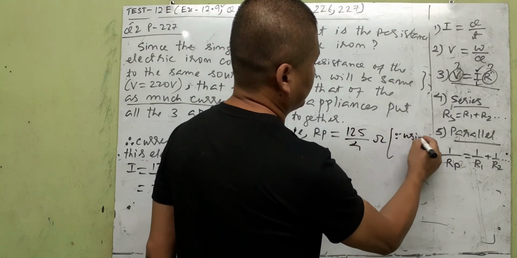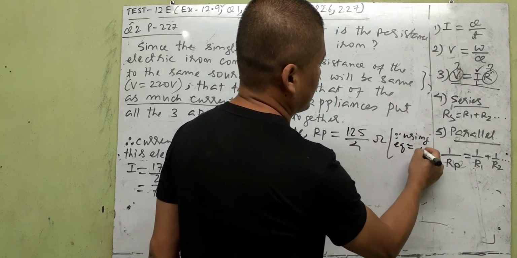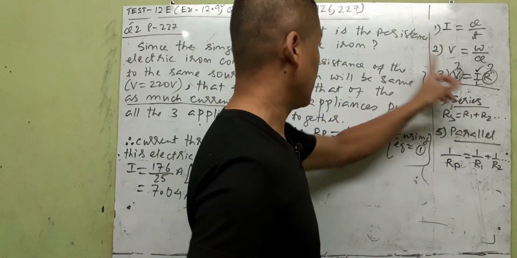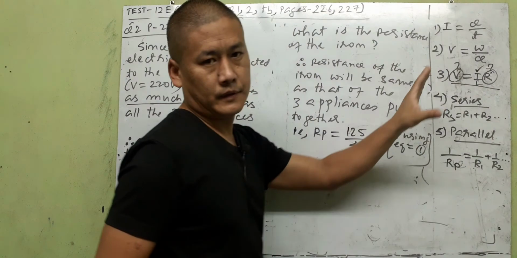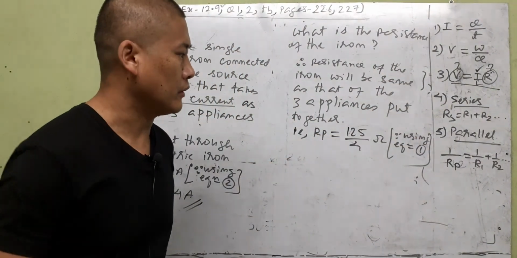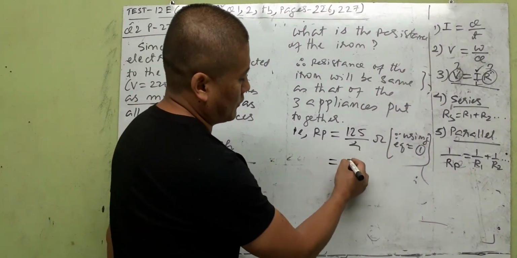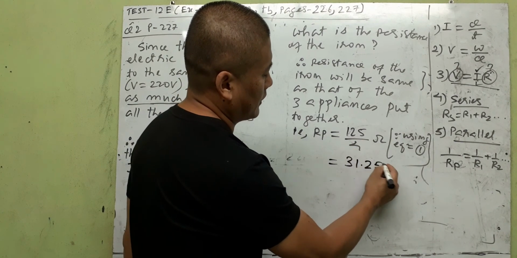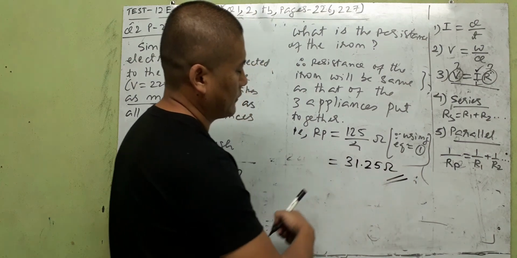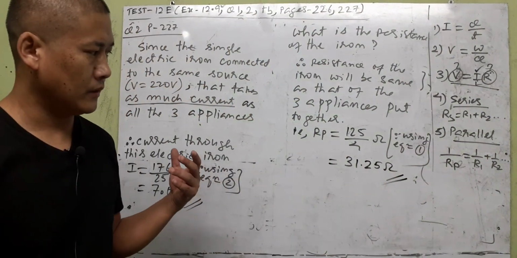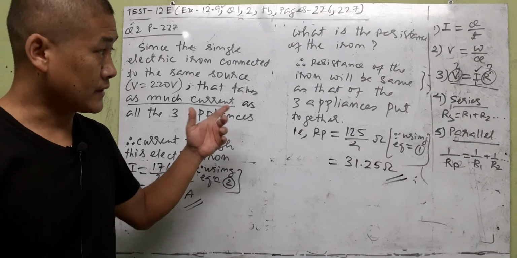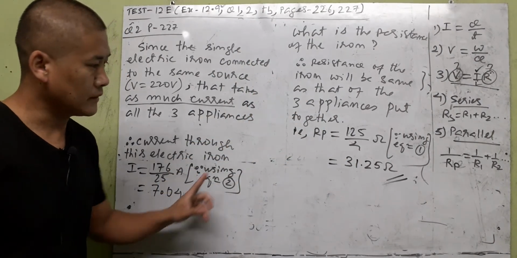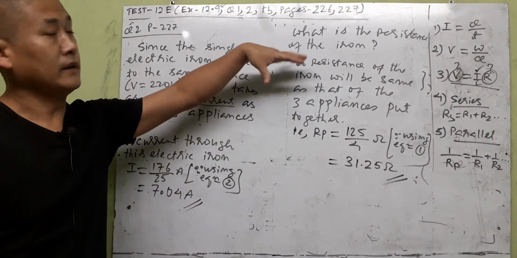Using equation number 1, if they have the same I and the same V, same source as the question is saying, then it will have the same R. Therefore, 125 divided by 4 is 31.25 ohms, which will be the resistance of this single iron, and this will be the total of the three because they have the same resistance. First answer, second answer. So now you can go and give the test.